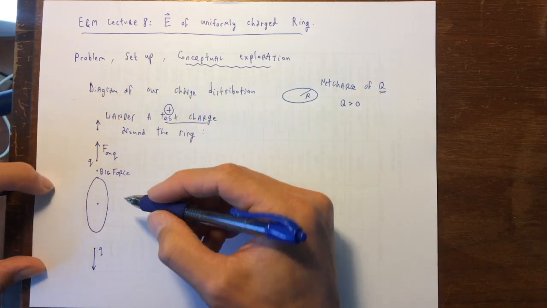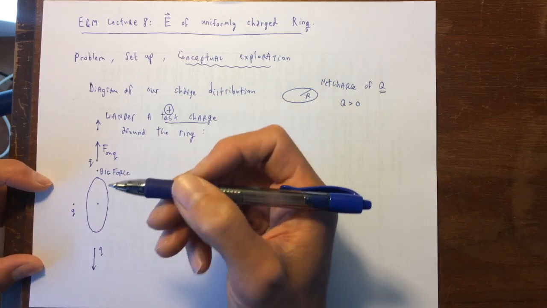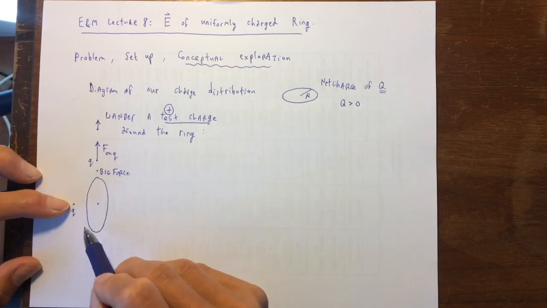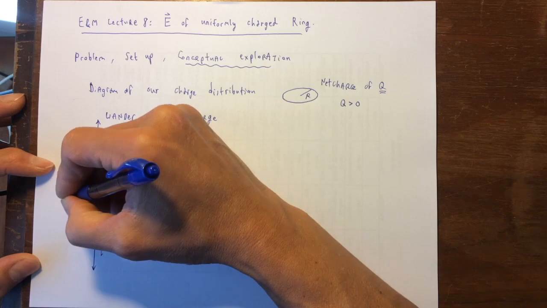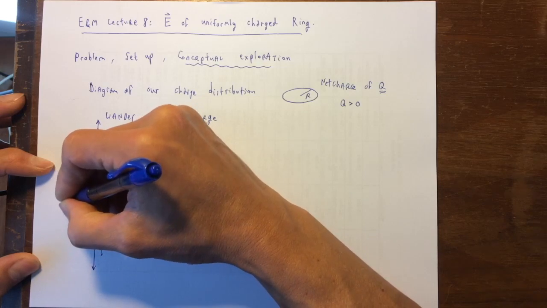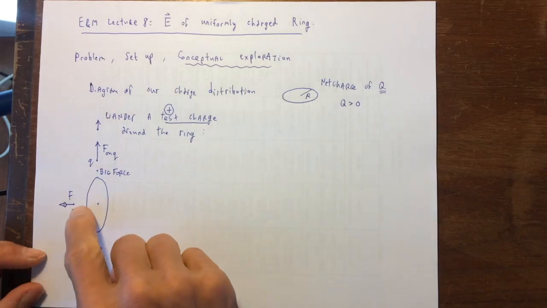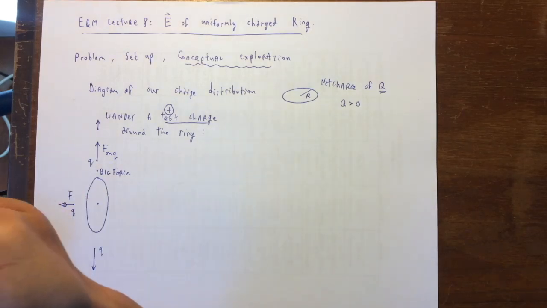And if I also do it over here, let's imagine that I put the test charge here in the same plane as the ring, and I'll see a force. This is supposed to be drawn with some perspective. So this will be the force on the test charge by the ring, kind of out of the page this way.